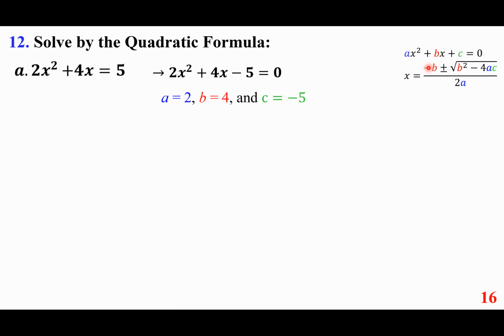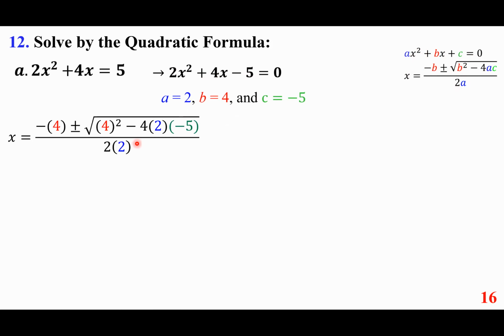So minus b is minus 4, plus or minus the square root of b, 4 squared, minus 4 times a, which is 2, times c, which is negative 5, over 2 times a, which is 2. I use different colors to make it absolutely clear what we are doing here.